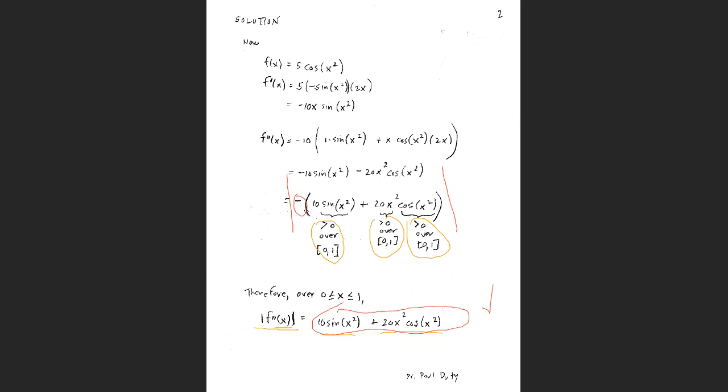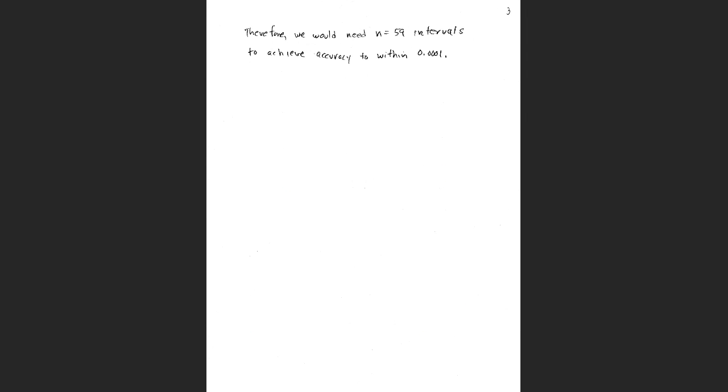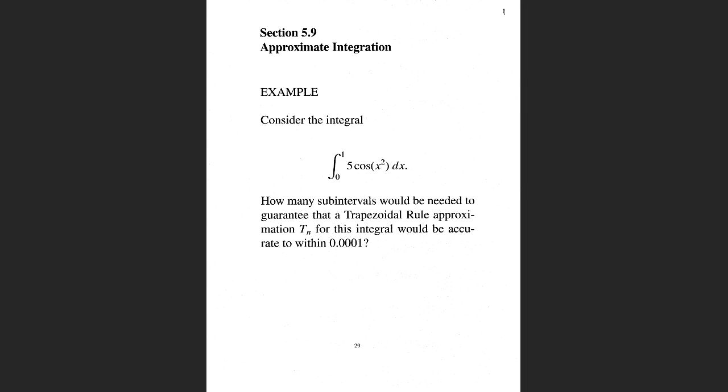Hold on, there's a question here. Why do you put the absolute value? Well, this goes back to the formula sheet, for the error bound when we determine K. Big K is greater than or equal to the absolute value of the second derivative of x.